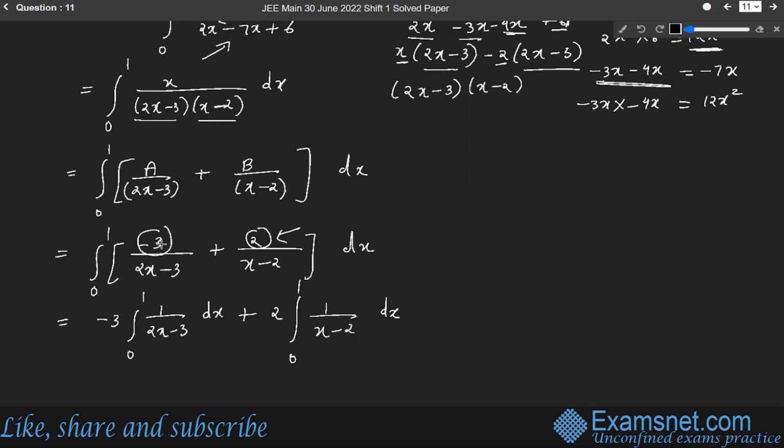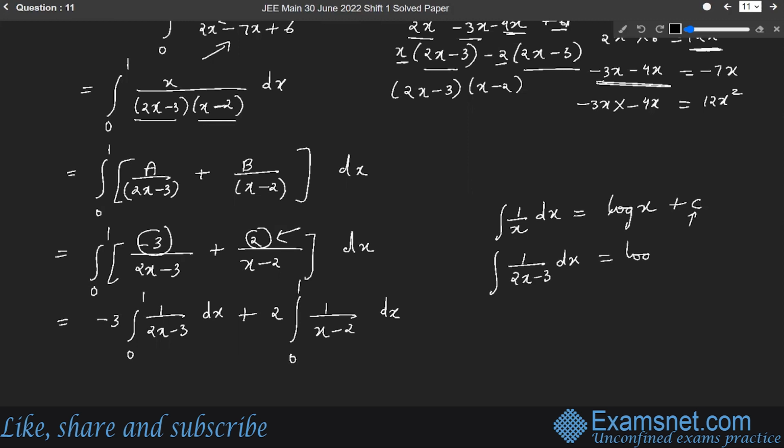Now, before moving on, we first need to understand the formula that we have to use here. We have to use the formula of integral of 1 by x dx. Do you know what is integral of 1 by x dx? It is equal to log x plus c, where c is a constant. You can see that we have one term which is integral of 1 by 2x minus 3 dx. It is in the same form.